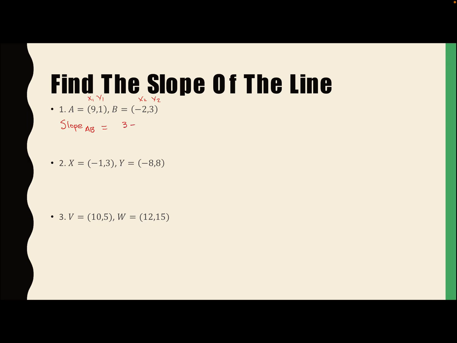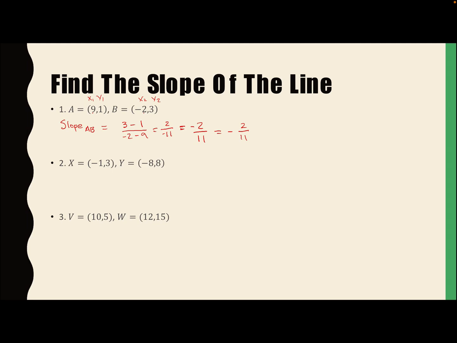So we have 3 minus 1 over x2 minus x1, so over -2 minus 9, that is going to be 2 over -11. When you have one negative value, you can just make the entire fraction negative. So we get -2 over 11, or you can put the negative in the front. All three of those are equivalent.